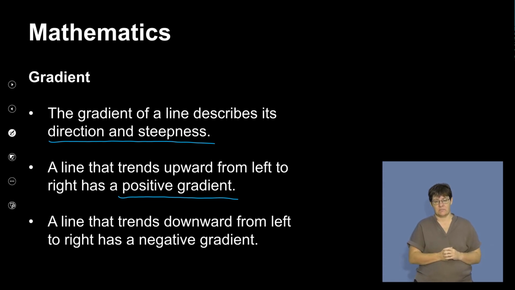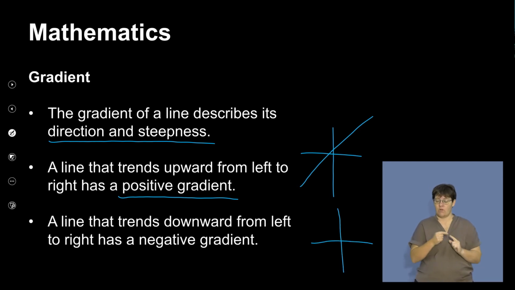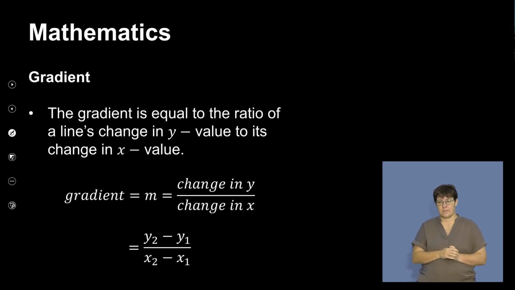So what I mean is, for it to have a positive gradient, it must go like that, from left to right, and it goes upwards. And if it has a negative gradient, it will be from left to right again, but downwards now. So it will move in that particular direction. These are two different things. They are still straight lines, but in different directions. And how steep it is is determined by the actual value of the gradient.